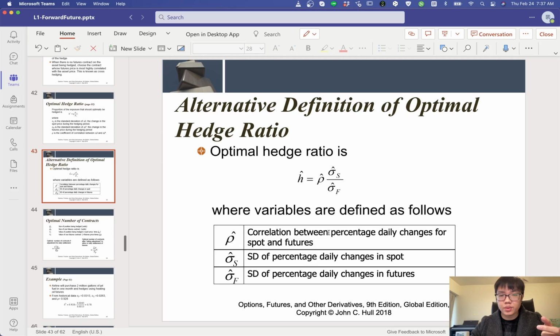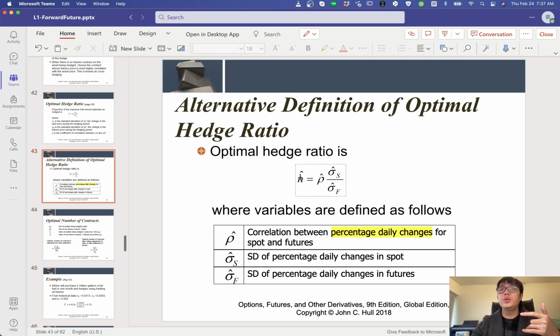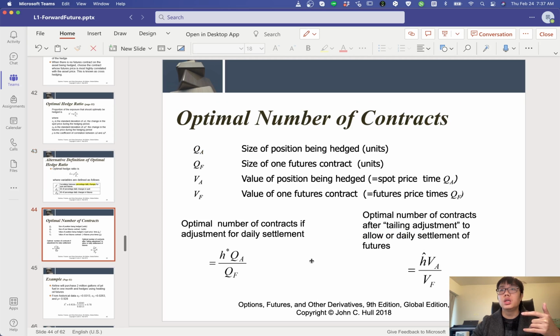If you read carefully, you will see that here we have the percentage daily change. So it means the daily change, today minus yesterday, but you divide by yesterday's price. So it's a little bit different. If you use the percentage daily change, when you calculate the optimal number of contracts, you need to multiply by the ratio between the values, right? But if you use the quantity, the unit one, you need to multiply by the H star.